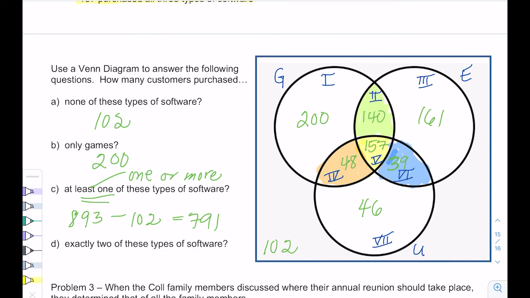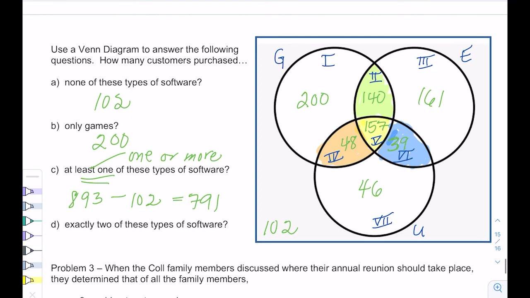And letter D is asking for exactly two of these types of software. So here I'm going to add up the region 2, the region 4, and the region 6. And that's going to give me the number of customers who bought exactly two, because those regions represent where two circles overlap. So again, that would be the green region. That's where games and educational software overlap.